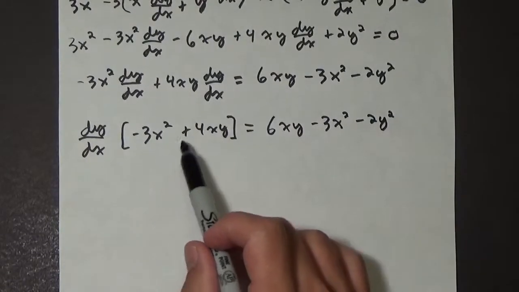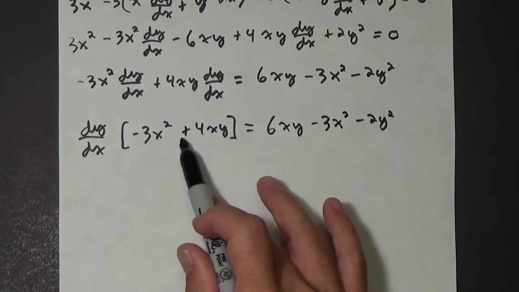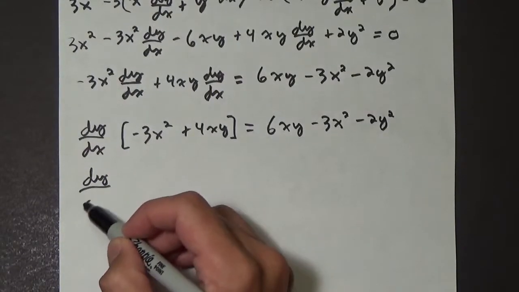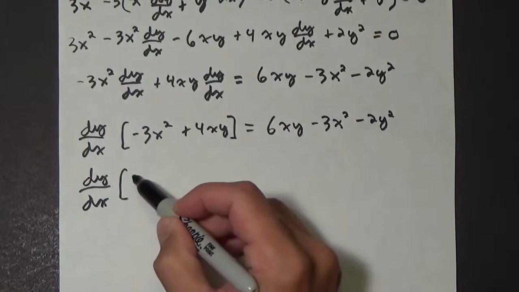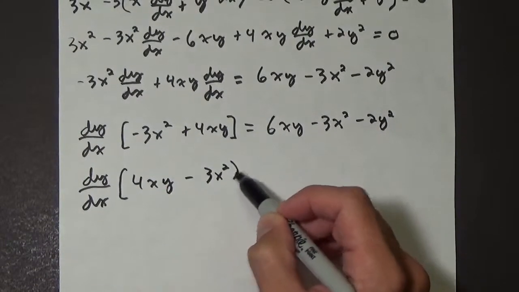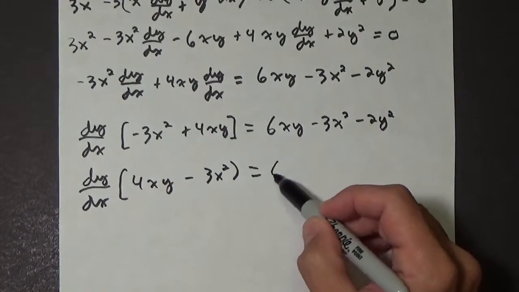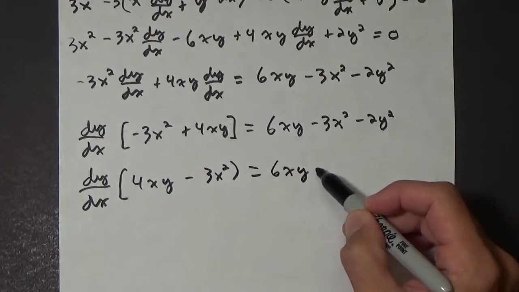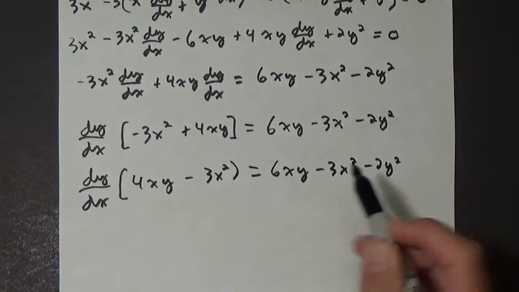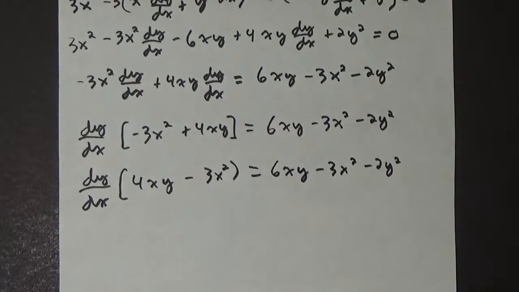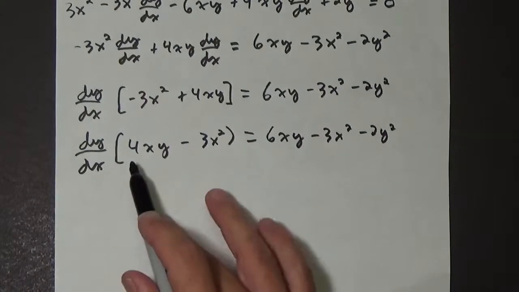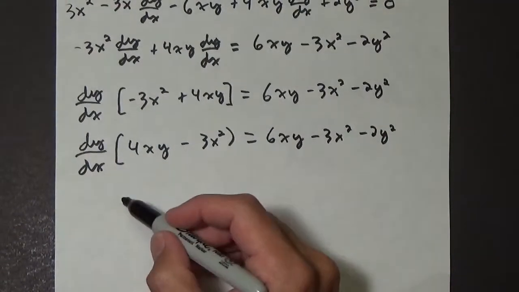Now, because this negative is first, a lot of times if you have a negative and then a positive, you put the positive first. So I'm going to do that. dy/dx times 4xy minus 3x squared equals 6xy minus 3x squared minus 2y squared. And then our final step is to divide each side by this 4xy minus 3x squared.